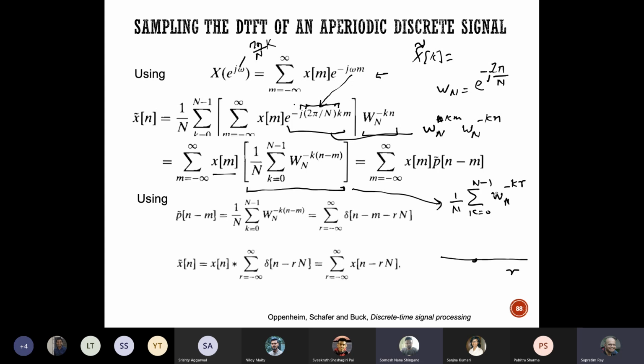Summation over k. W_N, when r is 0, what is W_N to the power 0? 1. Right, so each of these terms will be 1. So the summation will be N by N, which is 1. So at r equal to 0, this function takes a value 1.